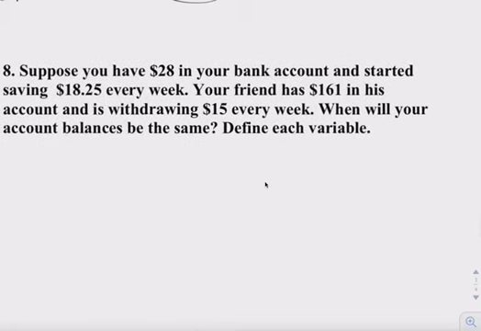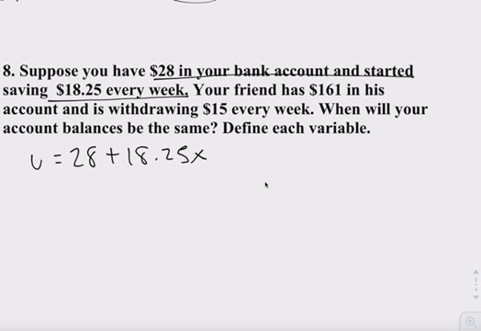Suppose you have a savings account with this much and you add this much every week. So that's your 28 plus 18.25x. X equals the number of weeks, y equals total savings.